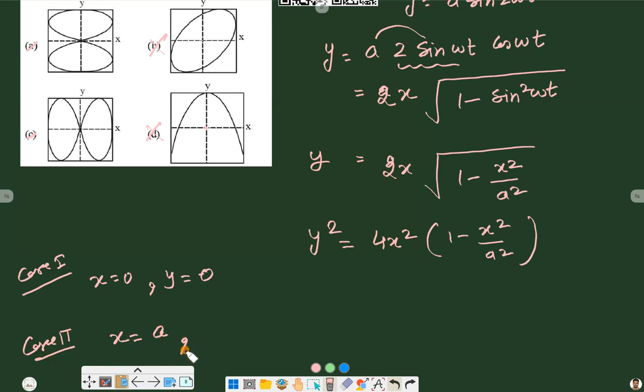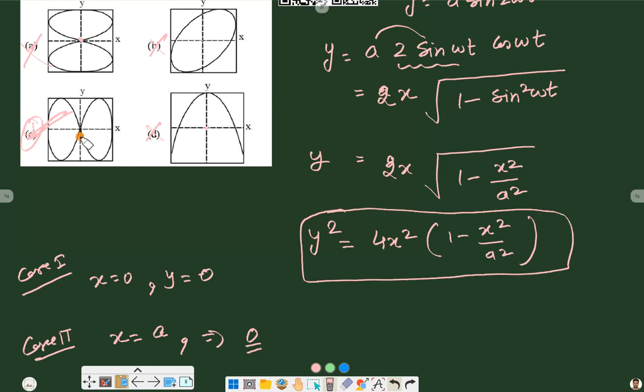When x is equal to a, a square by a square is 1, 1 minus 1 is 0, so y is again 0. So when x takes some value, then y reduces to 0, and in this equation y is only 0 at x0 y0, and other than this there is no value where y is 0, so option A is also rejected. So only option C fits this equation properly. So option C will be the right answer. Now let's move to next question.